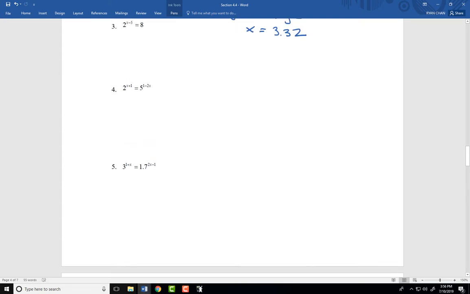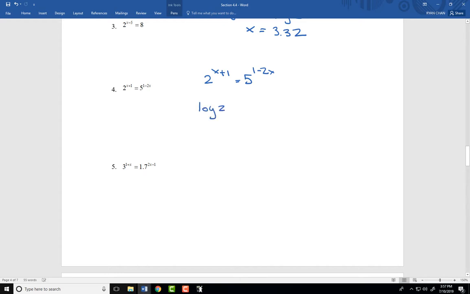So number 4 is definitely one of the trickier ones. So let's talk about this right here. Notice I have 2 to the x plus 1 is equal to 5 to the 1 minus 2x. And then you can take the log of both sides.